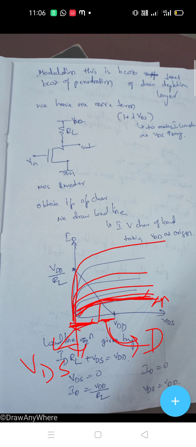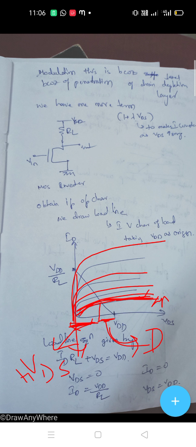The VDS voltage is reducing. As the input voltage is increasing, the output voltage, that is VDS, is decreasing and the drop is increasing, which means that as the input voltage is increasing, the output voltage is falling.